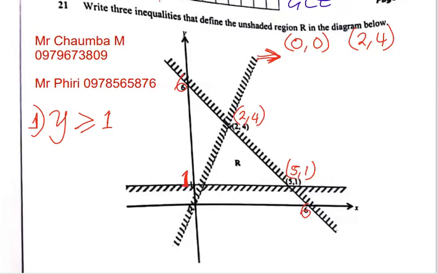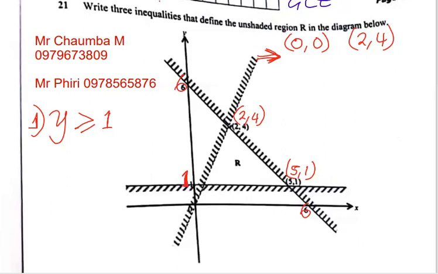But in the case of this one, what you need to do is first identify 2 points along that line, then you find the gradient. When you find the gradient, you should be able to write your equation.